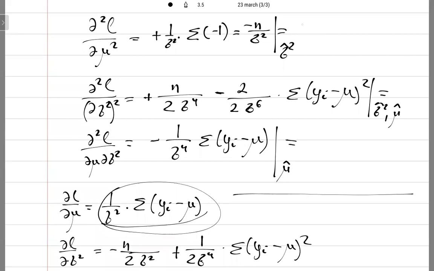So here I will have minus n divided by the sum of yi minus y bar squared divided by n. Yes. And it will be minus n squared over the sum of y minus y bar squared. Everything is okay with the first one? Yep.